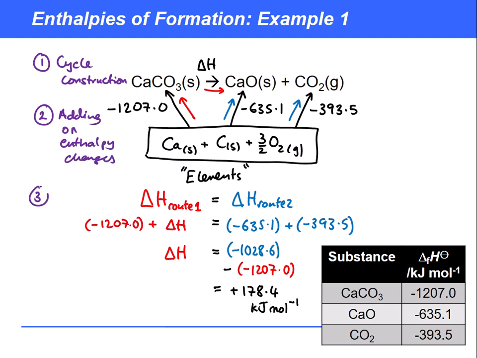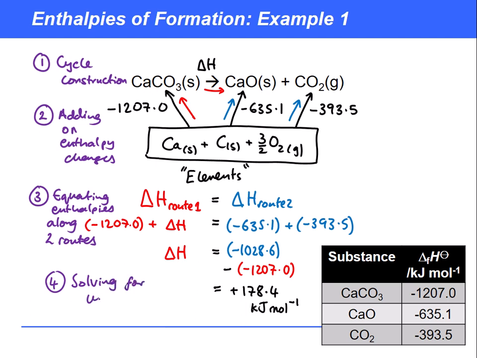Stage 3, equating the enthalpy along two routes. And stage 4, solving for the unknown. So those are our four steps in finding an enthalpy change indirectly using Hess's law.